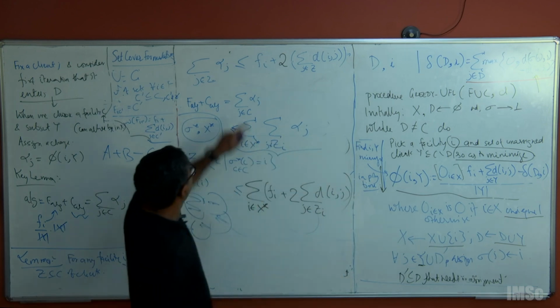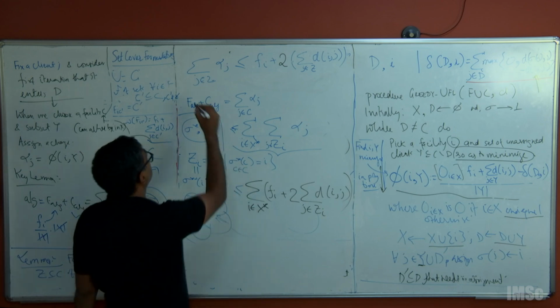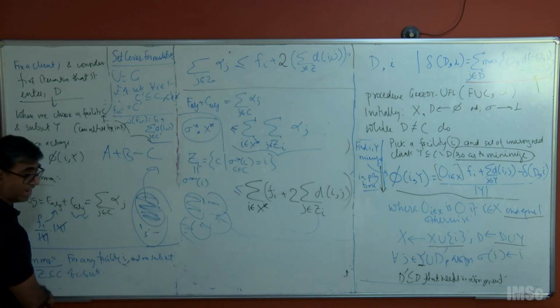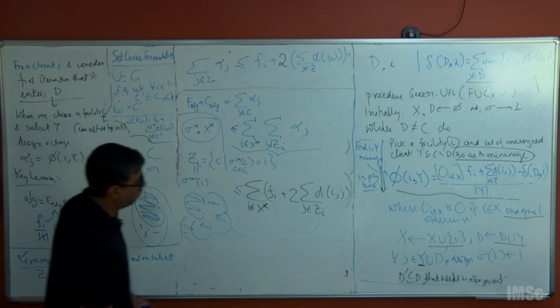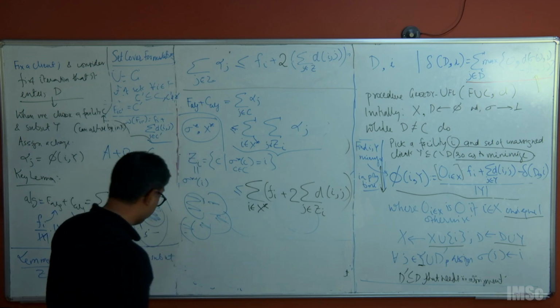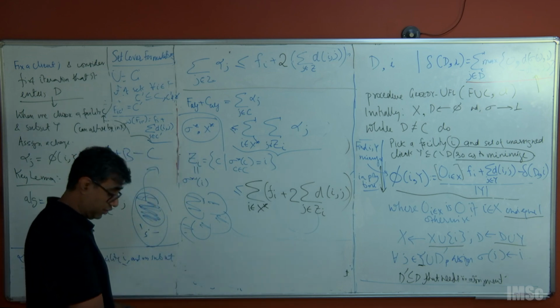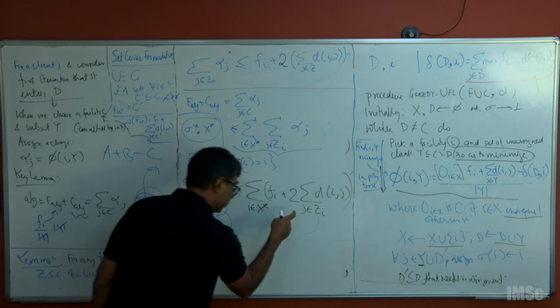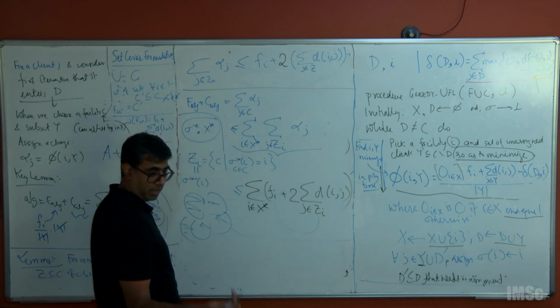Is that fine? Because of my lemma, for any set Z, this is true. So in particular, it is true for Z_i. If I prove this lemma, that the sum of charges is not too much more than the cost of any set, then this is true. You look very confused.